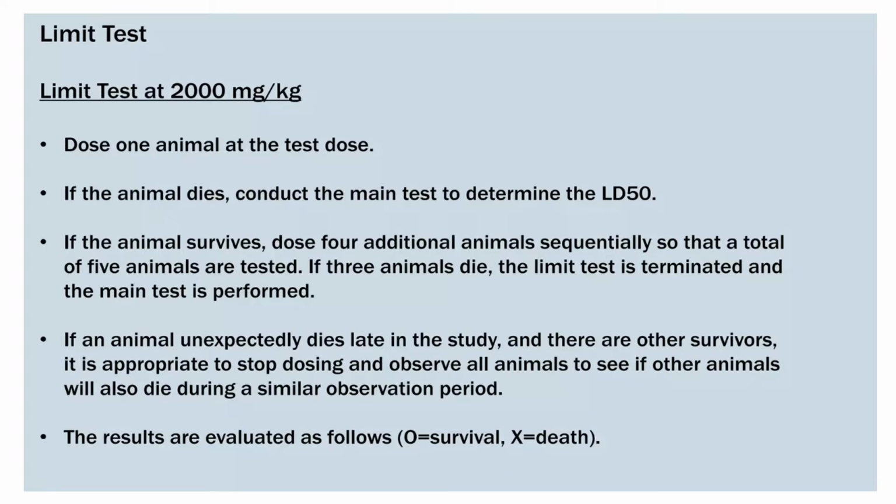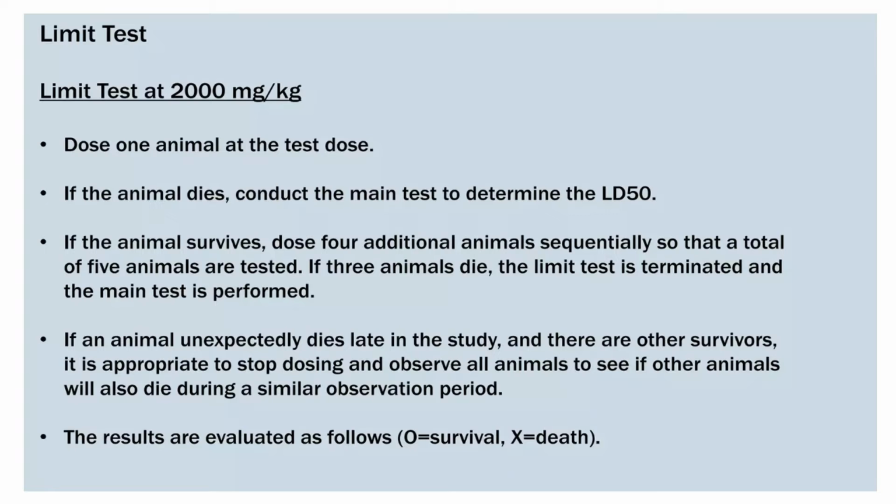In that case, we have to see there are 3 criteria given. If 3 animals survive, then we have to stop the experiment, or if 5 reversals are completed, then we have to stop, and lastly we have to see further what will be the result.